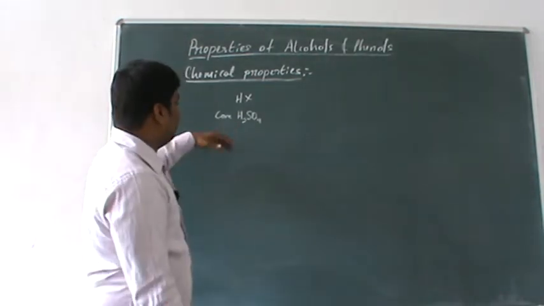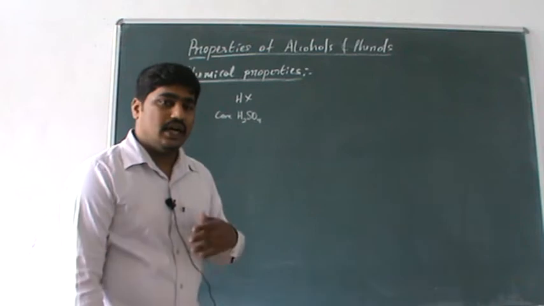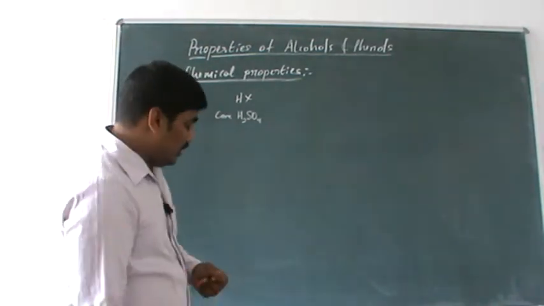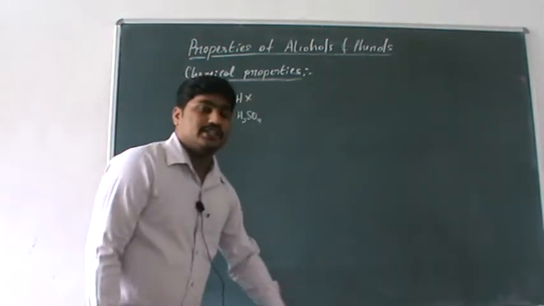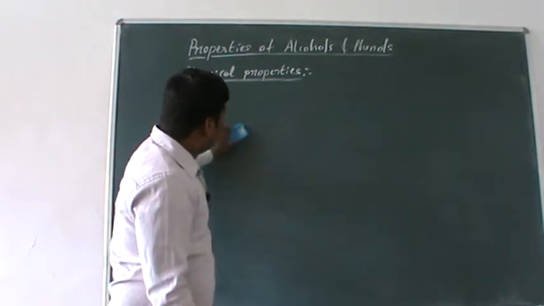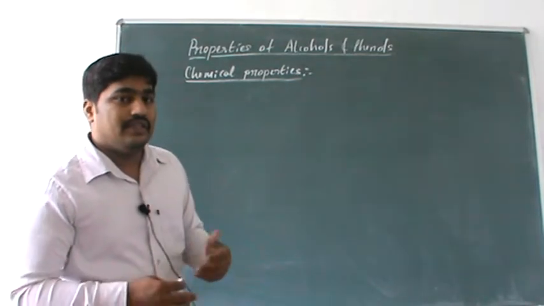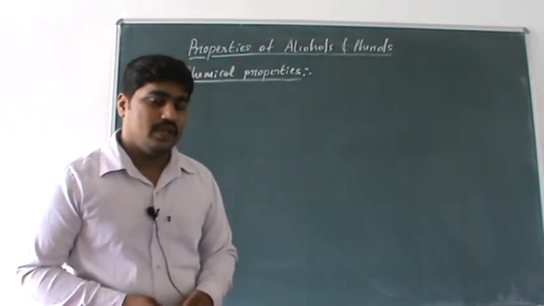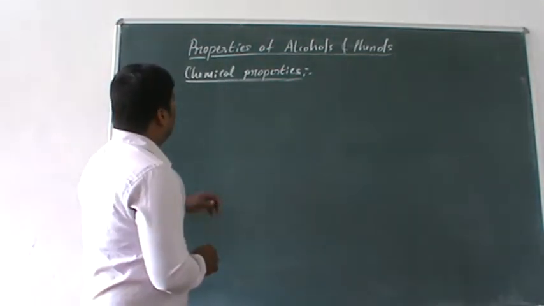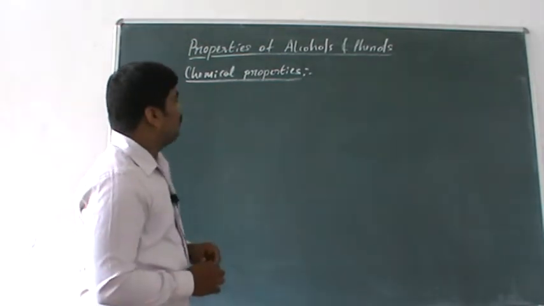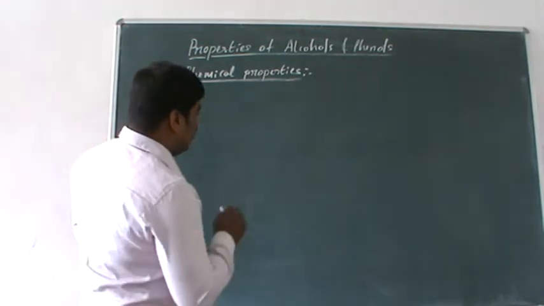When concentrated sulfuric acid is treated with alcohols and phenols, they undergo dehydration. How dehydration takes place and what is the mechanism of the reaction, we discussed in the previous video. In this video, we continue with the chemical property, the dehydration.